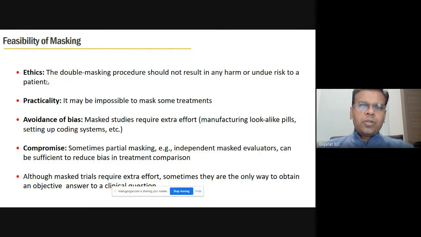But then you also need to ensure the blinding or the masking of the treatment, because there are various factors which play an important role in these. One of them is ethics, because you're double masking the procedure, so it's an undue risk to the patient.